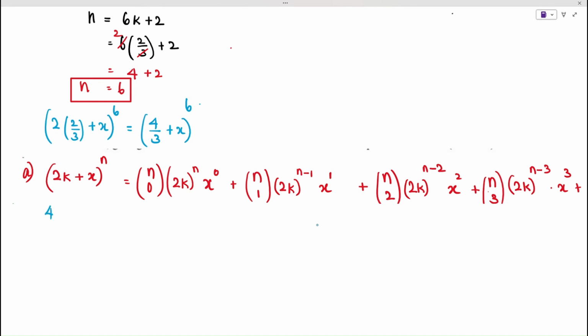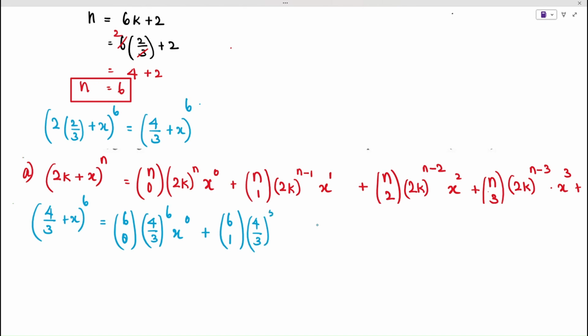So we have 4 over 3 plus x all to the power of 6 is equal to, so that's now 6 choose 0 multiplied by 4 over 3 to the power of 6 multiplied by x to the power of 0, plus 6 choose 1 multiplied by 4 over 3 to the power of 5 multiplied by x to the power of 1, plus 6 choose 2 multiplied by 4 over 3 to the power of 4 multiplied by x squared, plus 6 choose 3 multiplied by 4 over 3 cubed multiplied by x cubed.